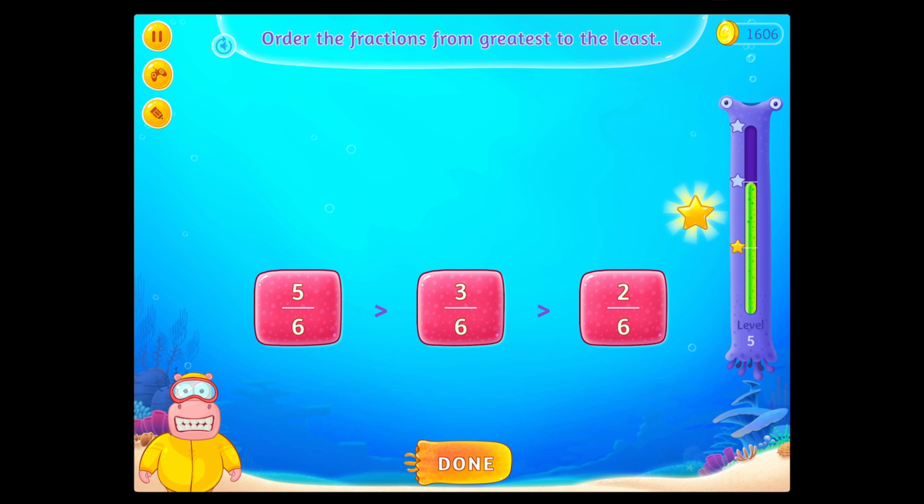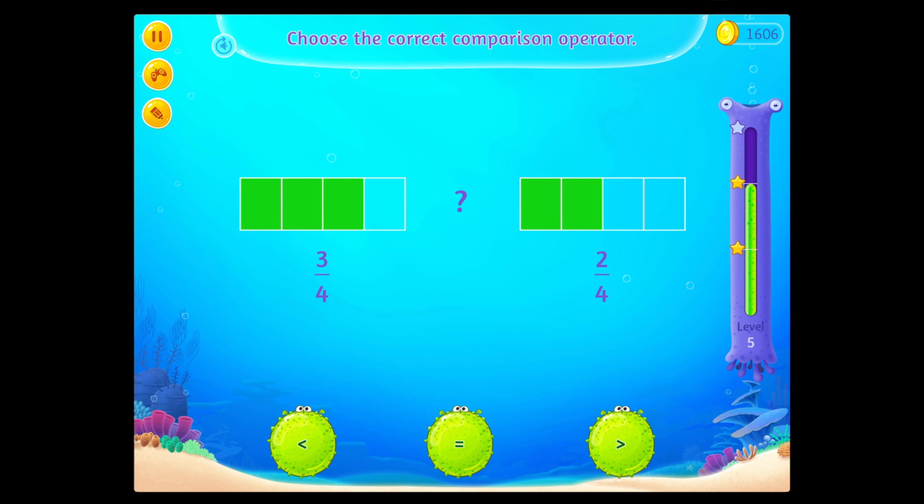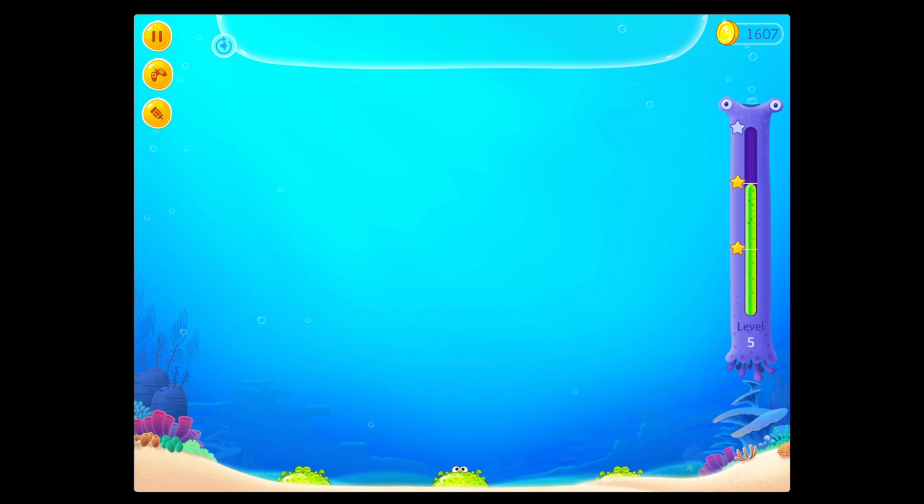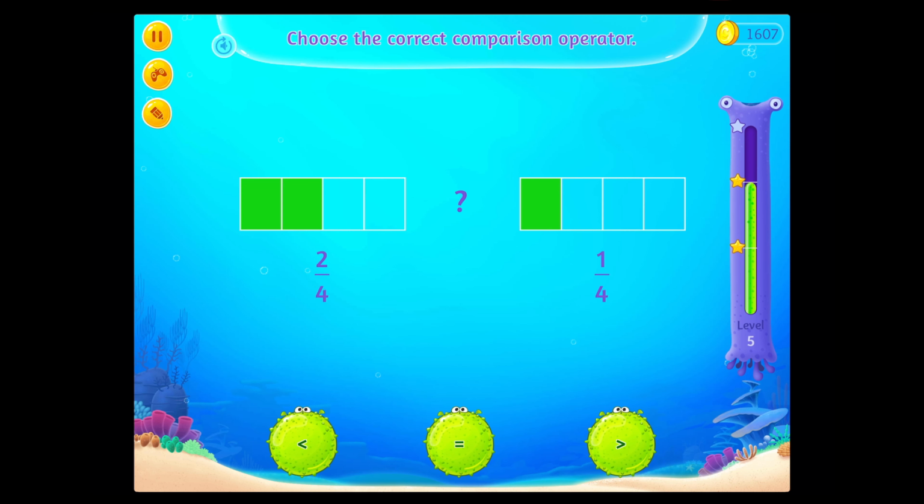Congratulations! You've done it! Choose the correct comparison operator. Rockstar! Choose the correct comparison operator. Fantastic!